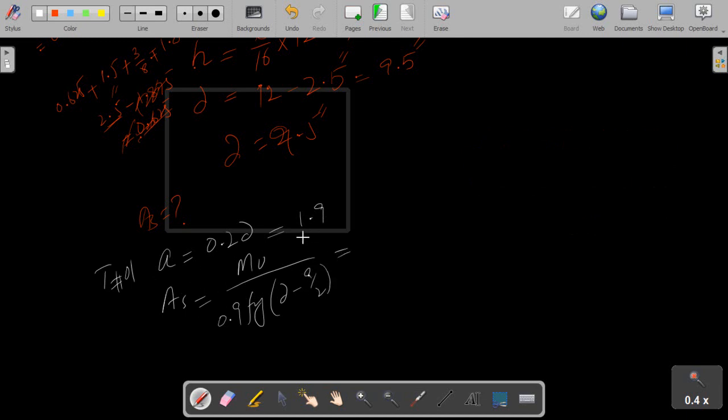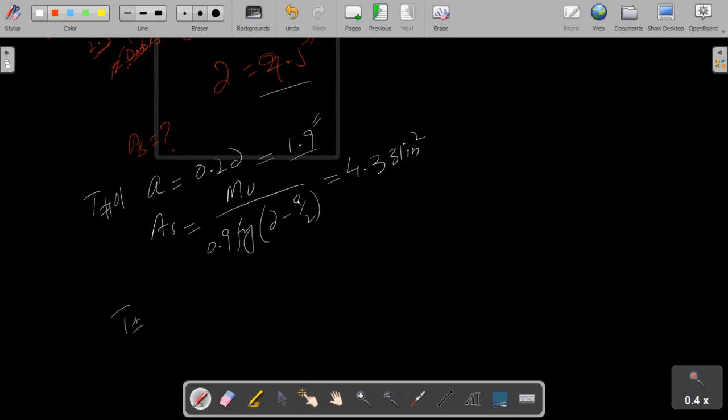So my A is this much and D is this much. If I plug in the values, and MU is 2000 kip-inch, right? So I got 4.331 square inches.